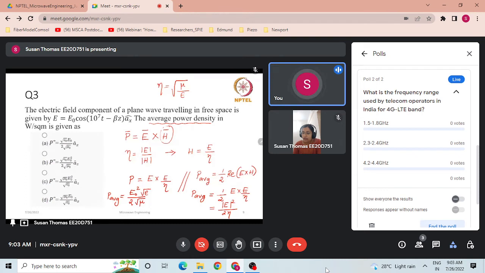So this is the magnitude of the average power density. Now let us talk about the direction of the power density. As you can see here, electric field is in x direction and magnetic field in the y direction. So the power flow or the power density will be in z direction. So this is the direction of average power density. So looking at the options, it's clear that option B is the right option.